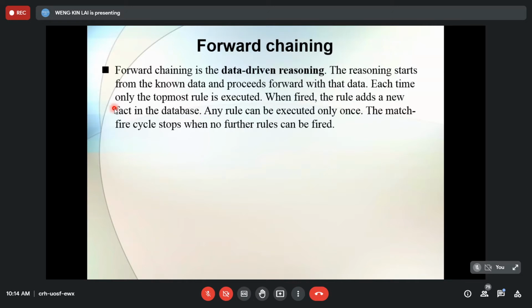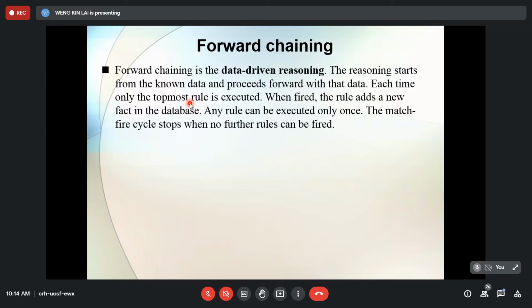So in this case, assume the rules are arranged in vertical order. Each time, the topmost rule will be executed first. So you process the first rule in your knowledge base, the topmost, and then you go down. You look at the first rule, and that's what we mean by processing it.